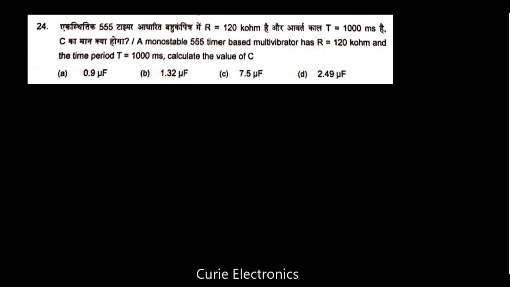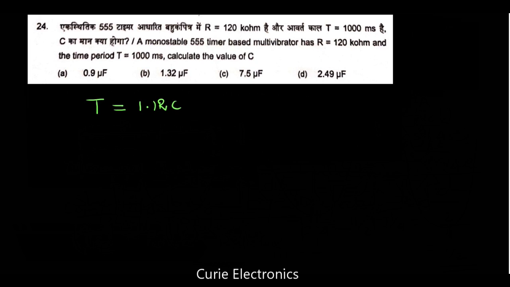Question number 24. A monostable 555 timer based multivibrator has R equal to 120 kilo ohm and the time period is 1000 millisecond. Calculate the value of C. What is the equation? All of you know, it is 1.1 RC.